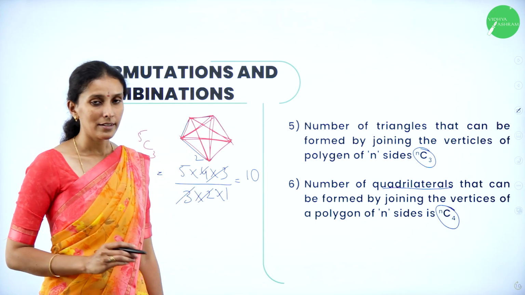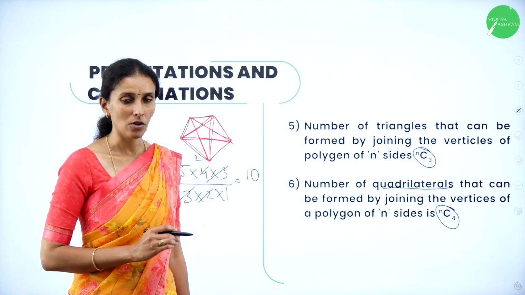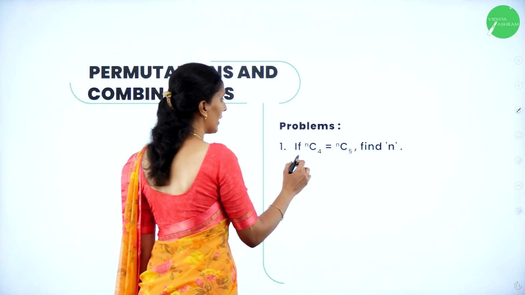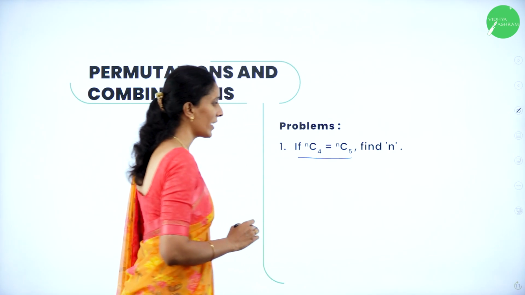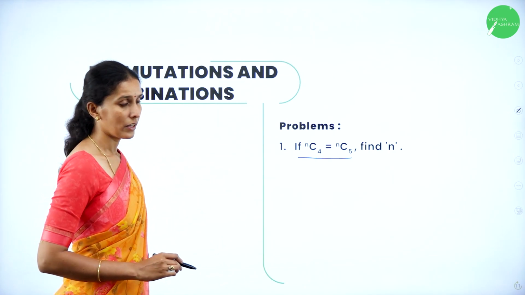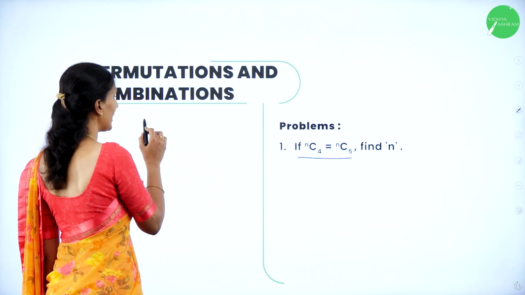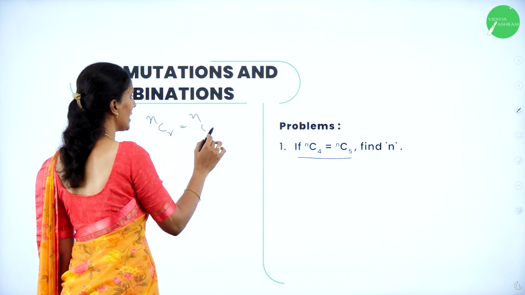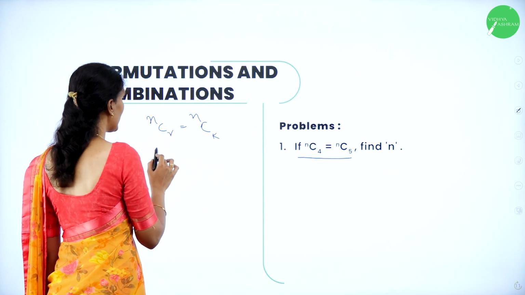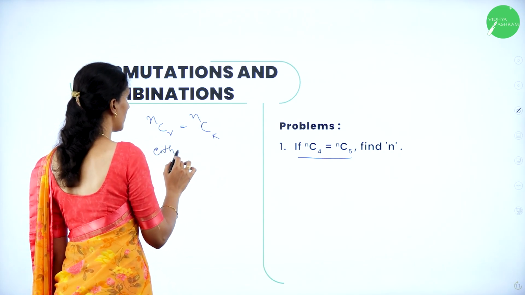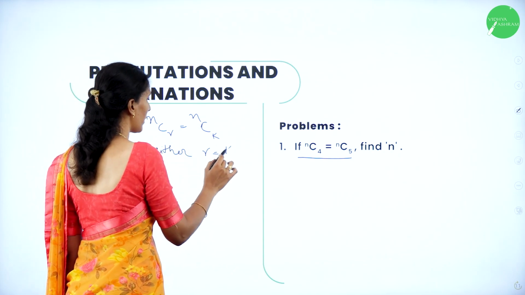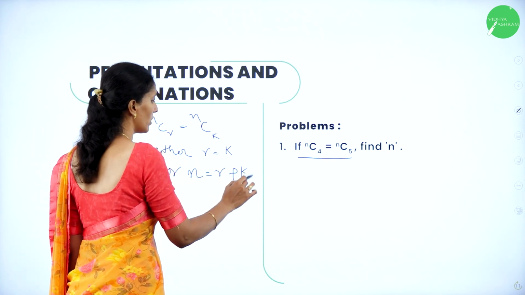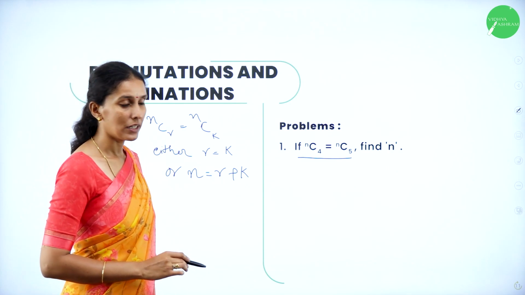Next, let us take a few simple problems on combinations. Problem number 1: if NC4 is equal to NC5, find N. Previously I said that if you have NCR is equal to NCK, then either R must be equal to K or N is equal to R plus K. This is the property we have learnt.